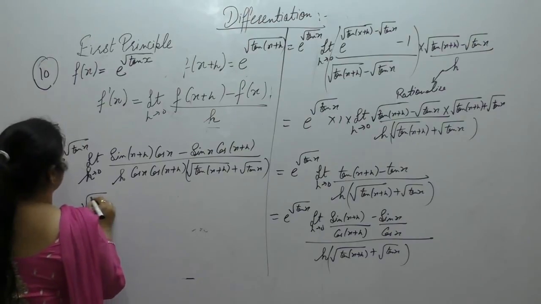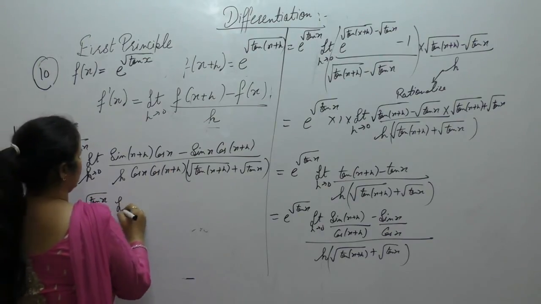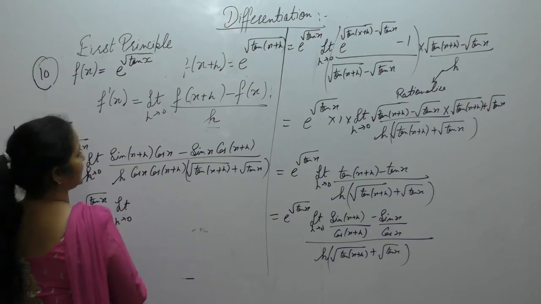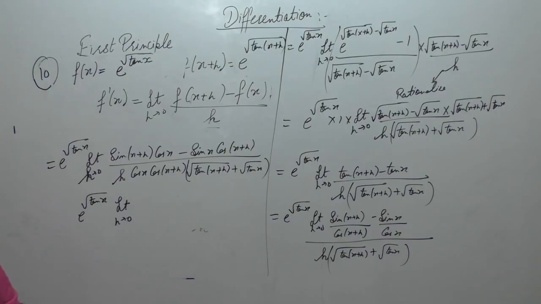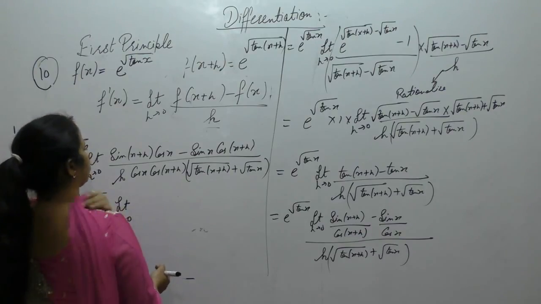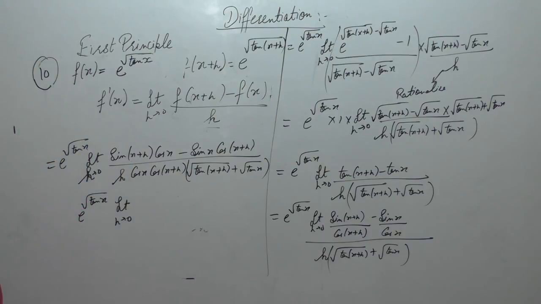E root tan x. Separate the terms here. Limit h tends to 0. Sin x plus h. Now this is the formula.